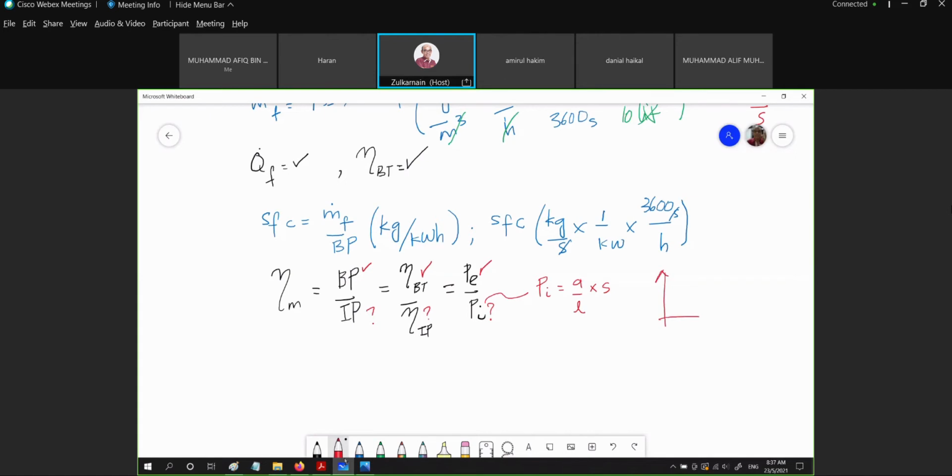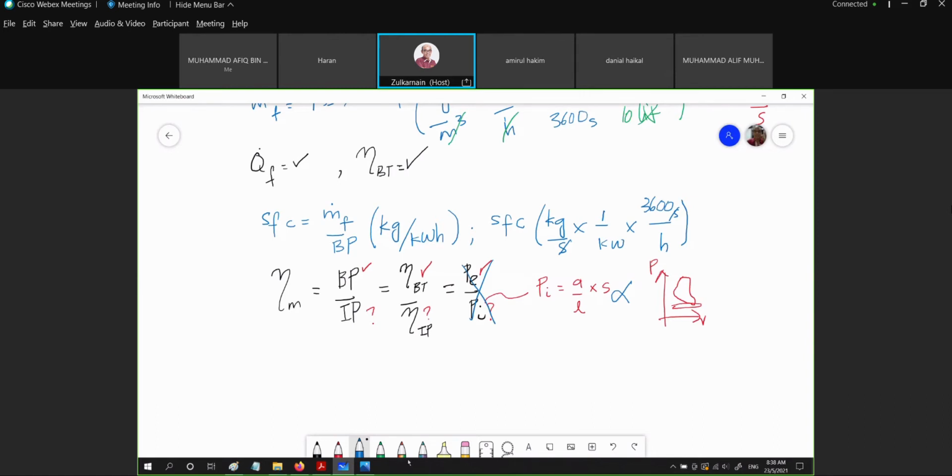Ingat ini kita punya indicator diagram from the PV ni. Kita lengkuk dia macam ni lah. Saya tak lukis tepat lah. Kita punya power loop dengan pumping loop. So we get this from this formula dengan ada indicator diagram. Tapi dalam kes kita ni, this is not given. The parameter is not given. So for sure yang ni kita tak boleh guna.